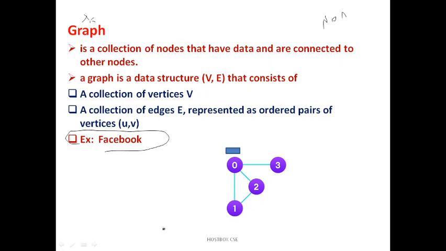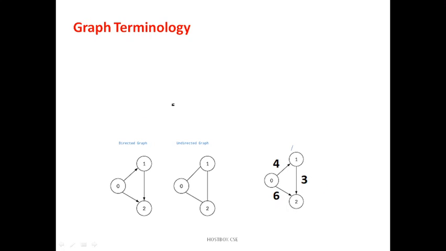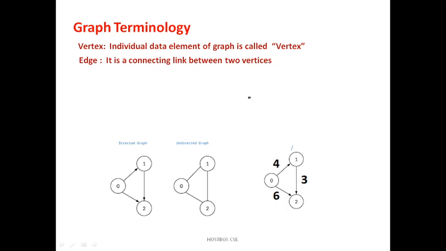Okay, let's go for an example here. This is a small graph where you have nodes called 0, 1, 2, 3, and each edge is connected to a node. Then graph terminology. Before that, you should know the basic things. What is a vertex? Generally, the individual data element of a graph is called a vertex. Then an edge is a connecting link between two vertices.